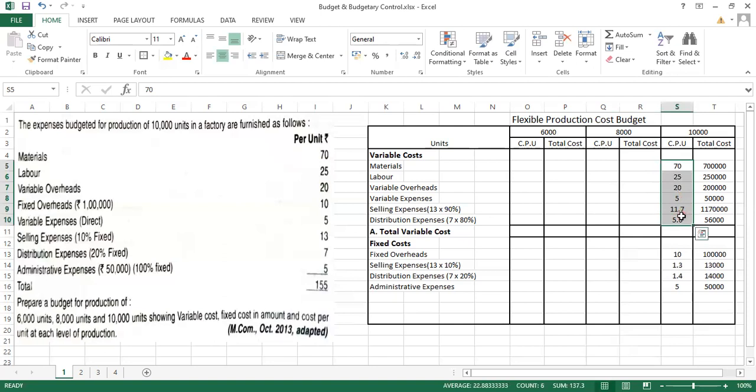Total of cost per units, 137.30, into, if you do 10,000, 13,73,000.